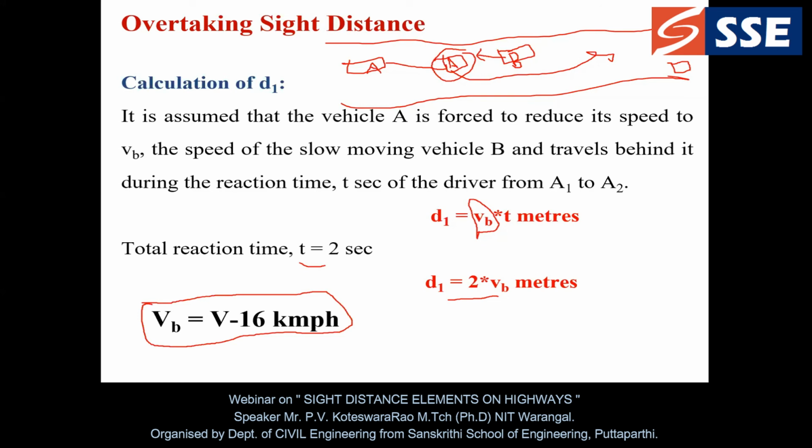In that case, they will give only the speed of the overtaking vehicle A. Then VB can be obtained from this formula, V minus 16 kmph. If it is in meters per second, V minus 4.5 meters per second. Please remember this formula. Whenever they didn't give the velocity of the overtaken vehicle in the problem, we need to remember this formula to get the velocity of the overtaken vehicle.